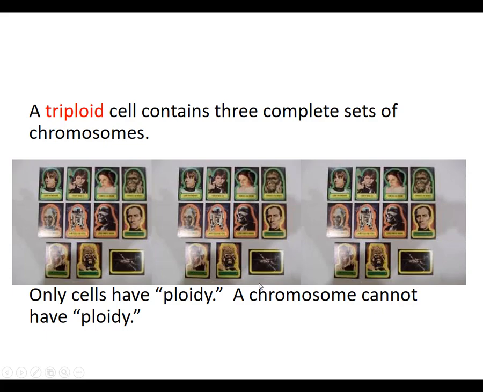Most organisms do have diploid cells, but there are organisms that have monoploid cells, cells that only have one set of chromosomes. There are organisms that have triploid or tetraploid cells. So ploidy is a state or a description of how many sets of chromosomes are in the cells of that organism.